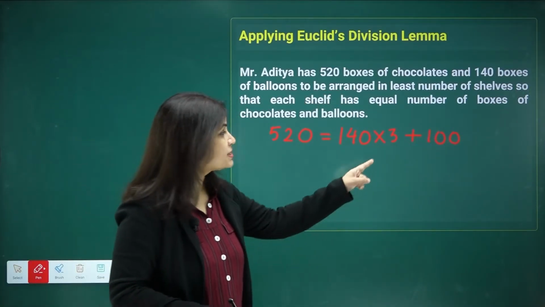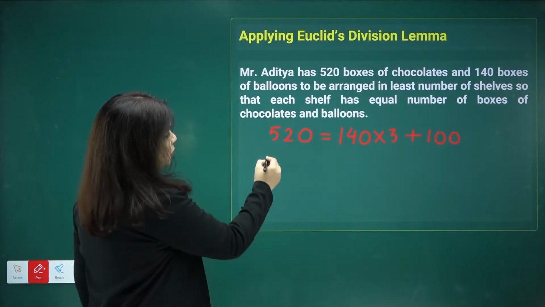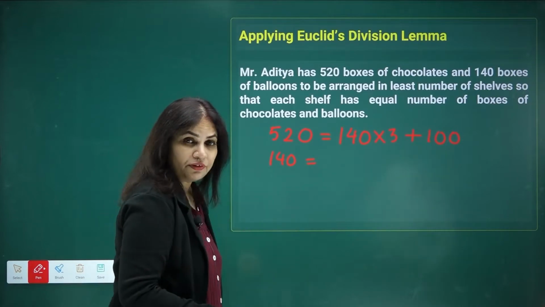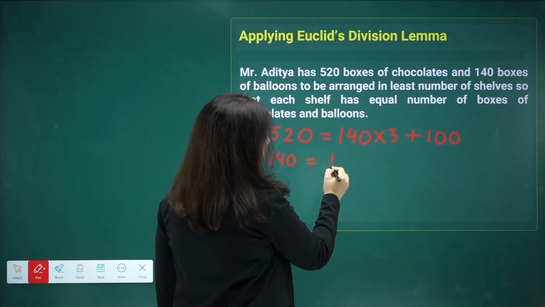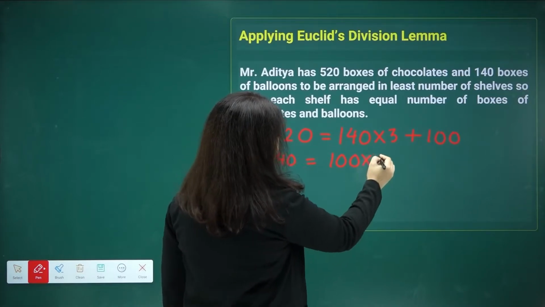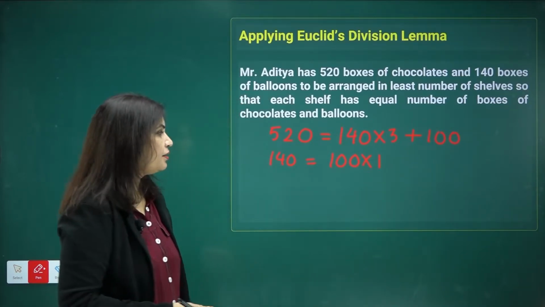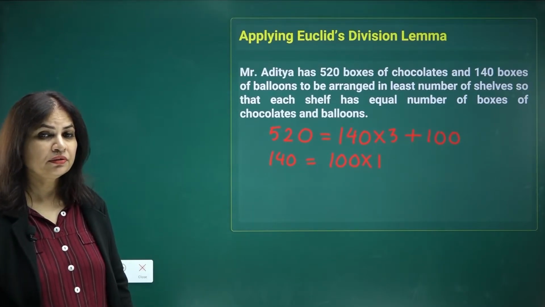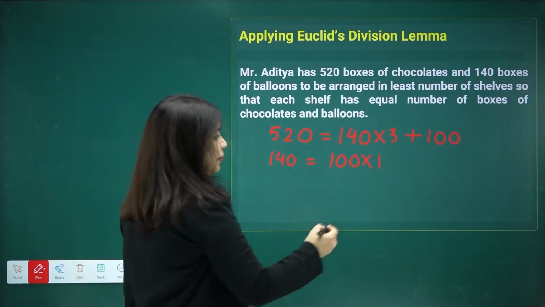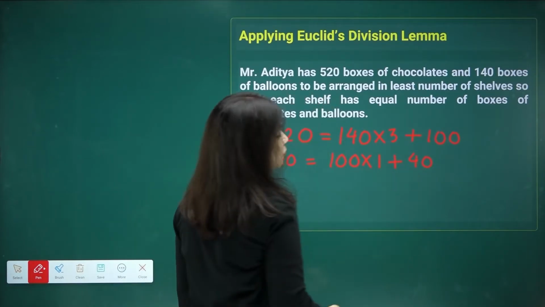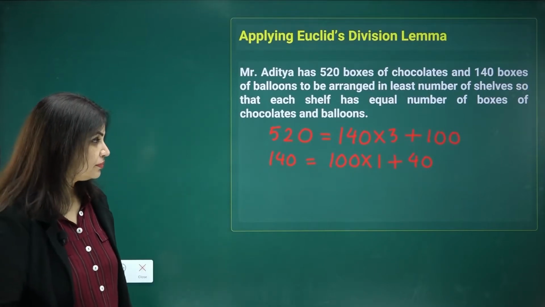Now, this 140 will again be divided using 100 as one of the factors. So, 100 into 1 will give me 100, but the number is 140, so 40 more has to be added.